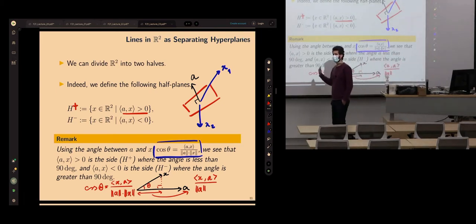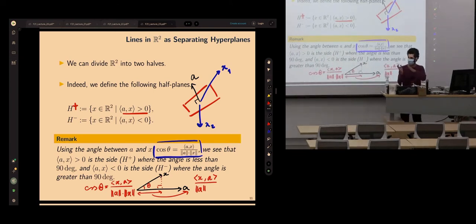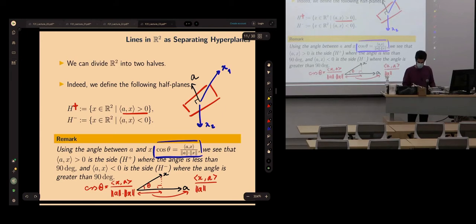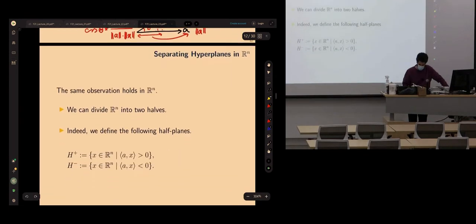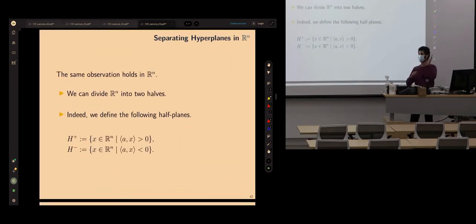It's true for 2D, 3D, and n-dimensional space. The argument that one half is when the inner product is positive and the other when it's negative follows from this 90 degrees angle. This is true for any dimension, including our Rn in general. And the beauty of it is that it's relative. The half space is relative to the picked vector A, whatever it is.